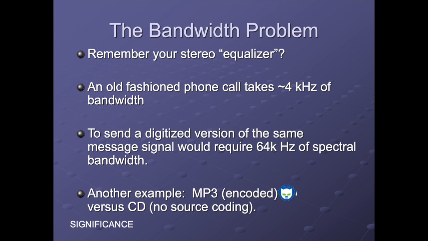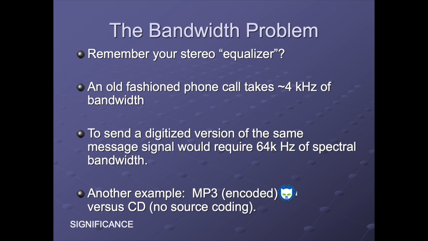And so when you start talking about using bits to represent analog signals, you start looking at the idea of bandwidth. Remember, this presentation was originally for a layman audience. The equalizer, you think of as knobs that you turn on your stereo to boost the treble or boost the bass or what have you.